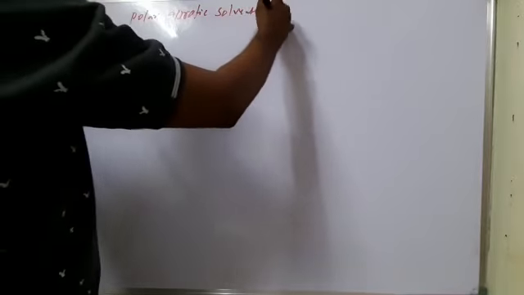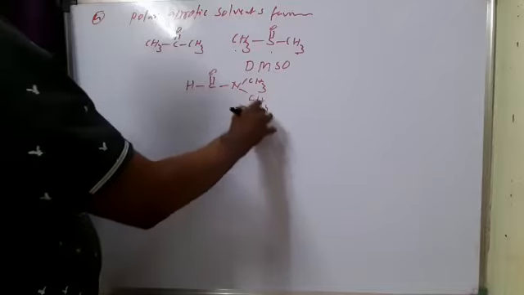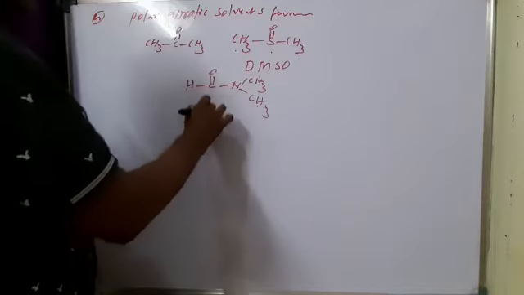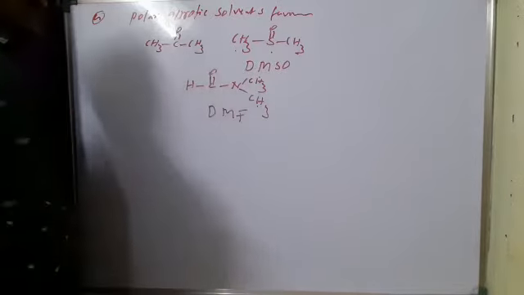Polar aprotic means acetone, dimethyl sulfoxide, DMSO, and dimethyl formamide, DMF. So these are the common solvents for the SN2 mechanism.